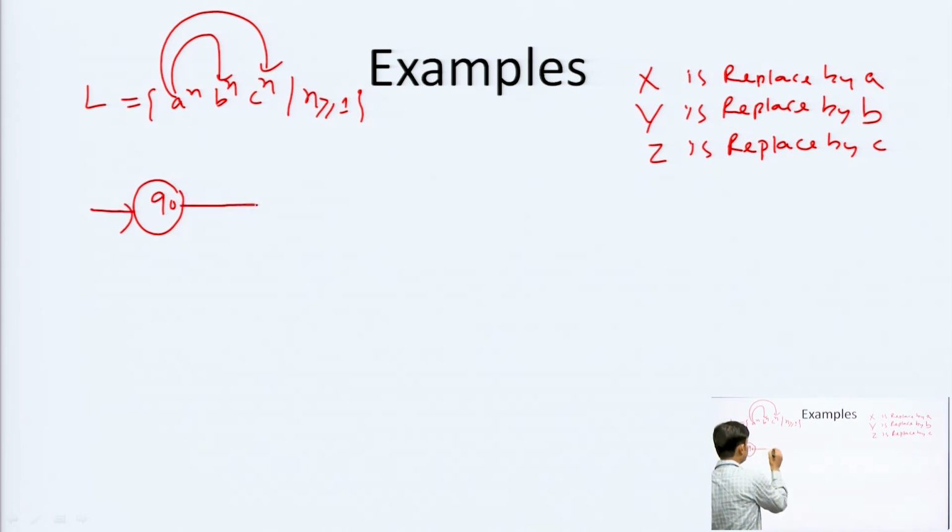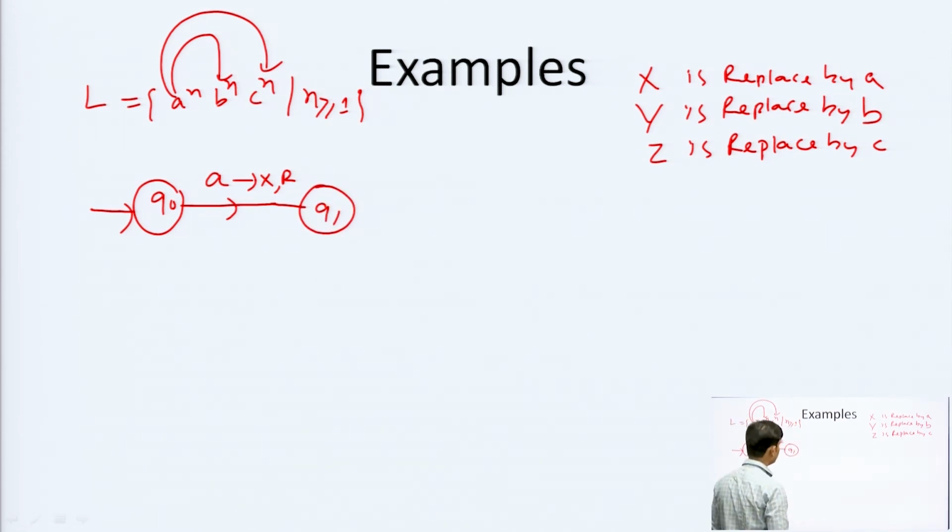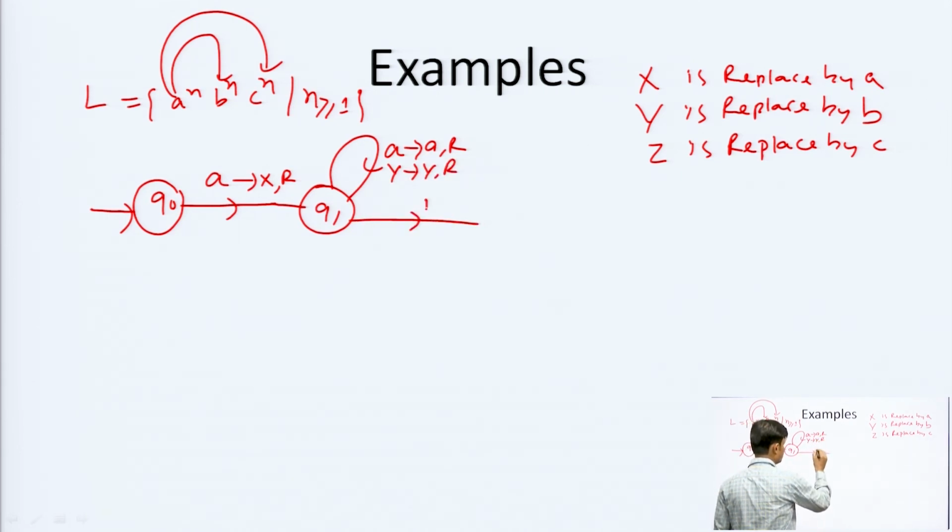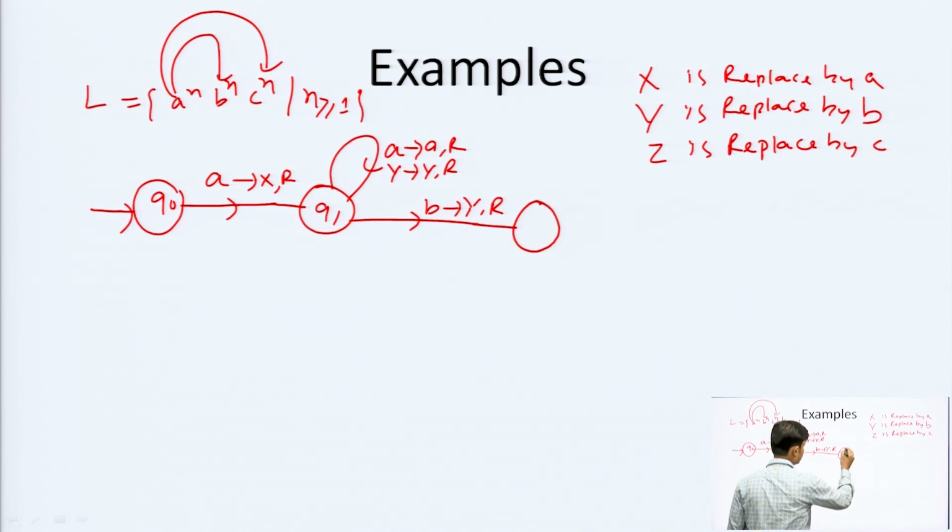So, from q0, on a, I replace the first a with x. Then we have q1. When you go to b, similarly you have a to a R, then y to y R, then b to y R. Then b will be replaced with y, and then we have q2.